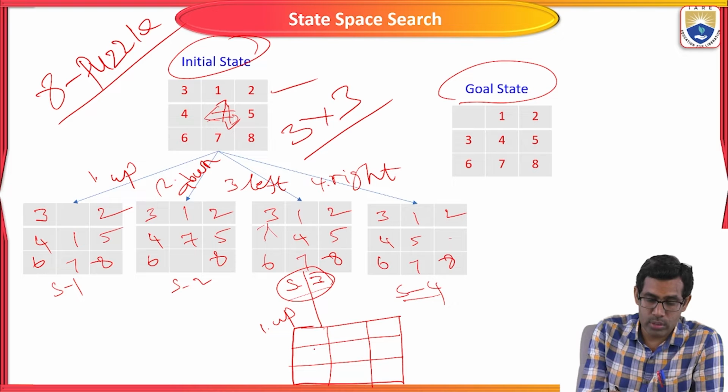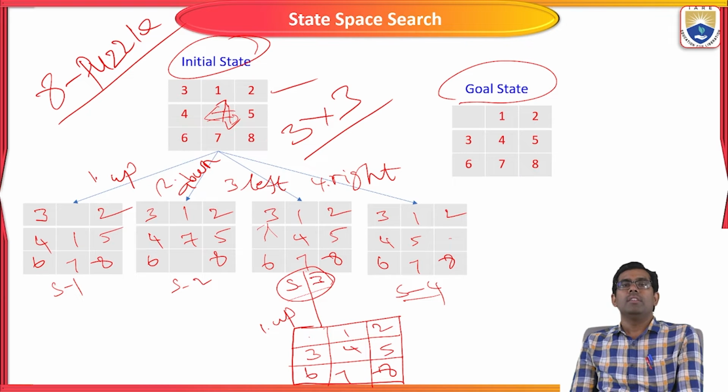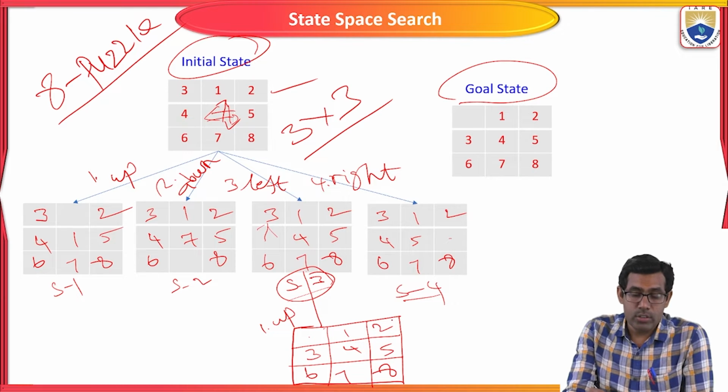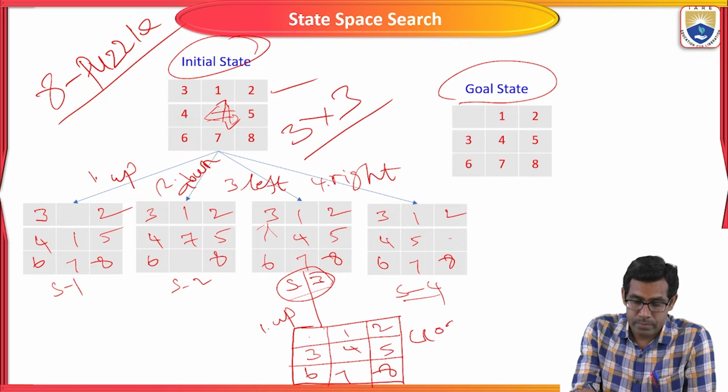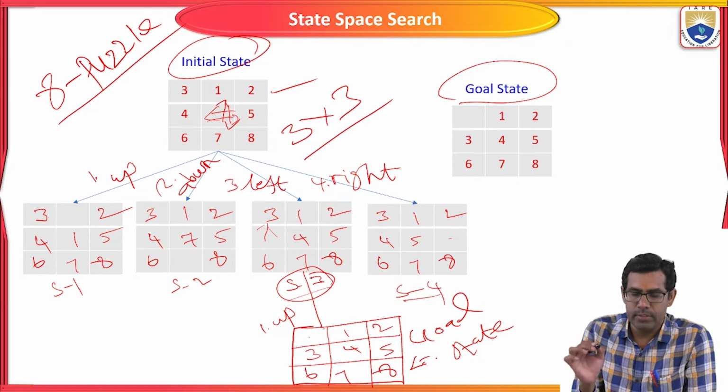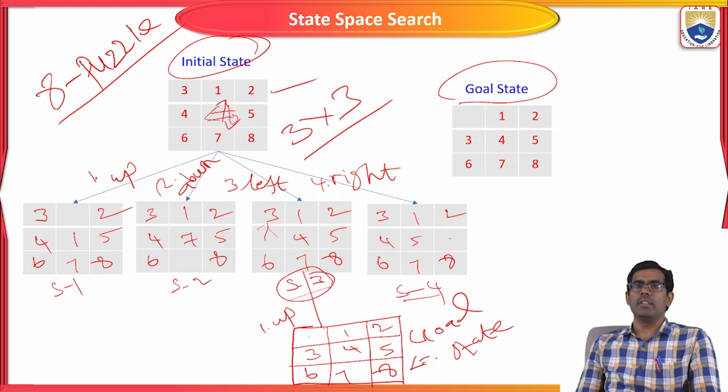If it is so, the empty space will come here, then the 3 will come here, then 1, 2, 3, 4, 5, 6, 7, 8. Right? Now you got it, right? So this one here is the goal state of your problem statement.